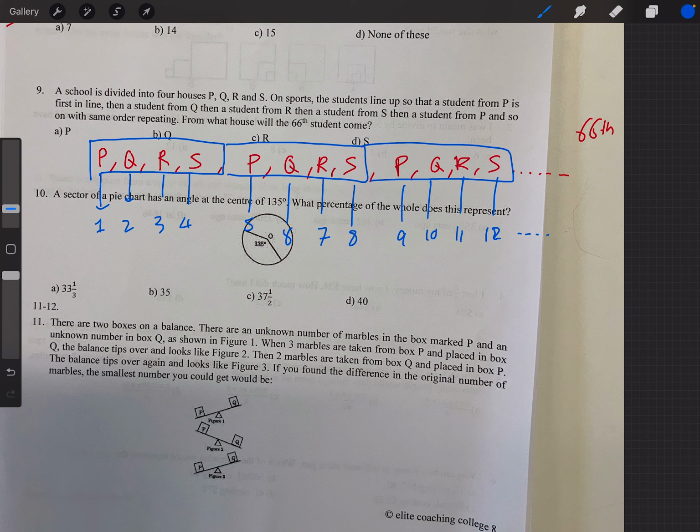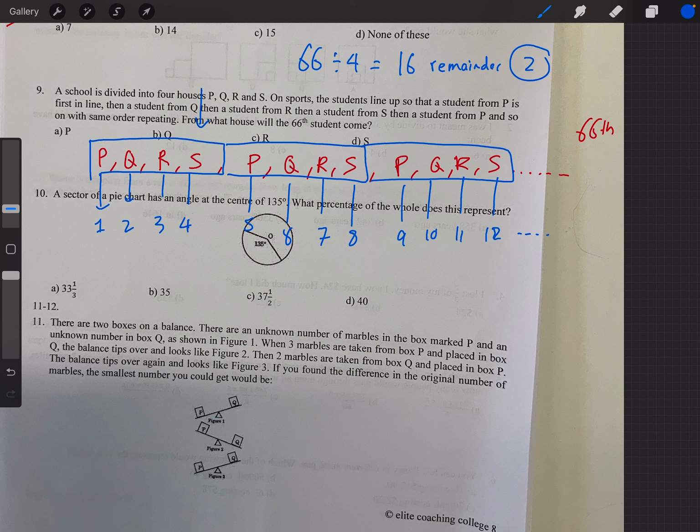So what we're going to do is take 66 and divide it by 4. You're going to get 16 remainder 2. When you have a remainder of 0, you're going to get the last one, which is S.